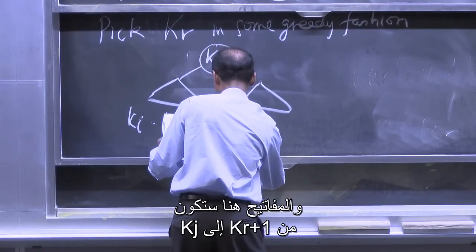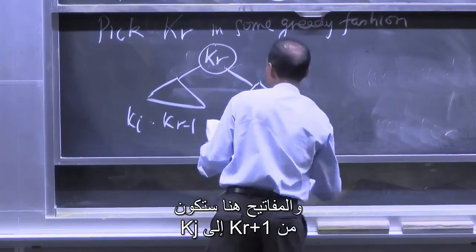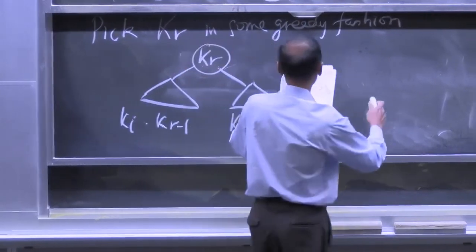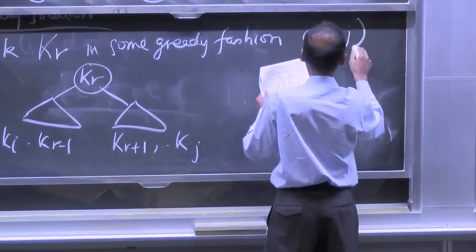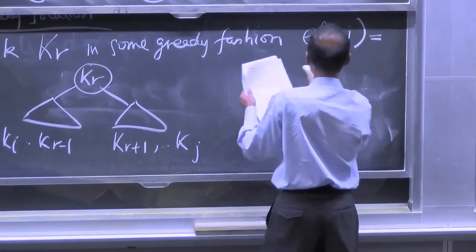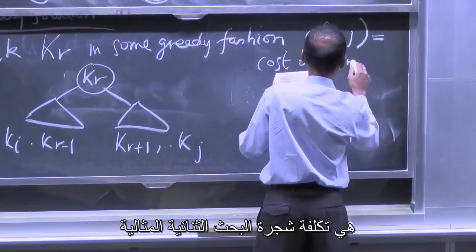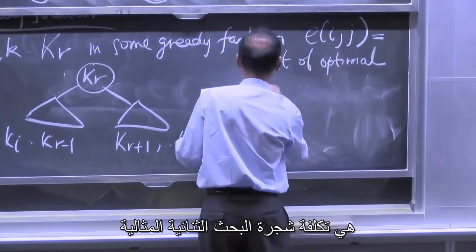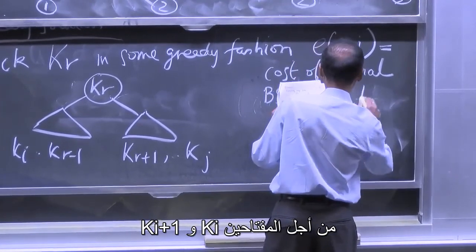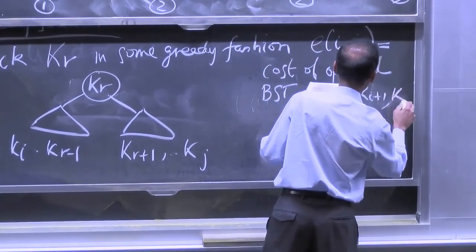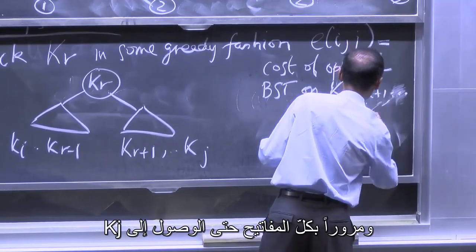And the keys here are going to be KR plus 1 to KJ. If overall, I'm going to say that EIJ is the cost of the optimal BST on KI all the way to KJ.